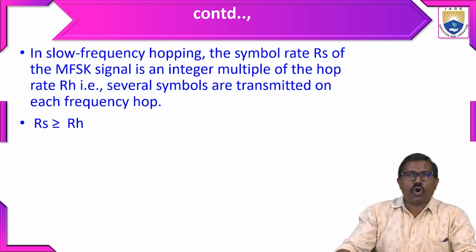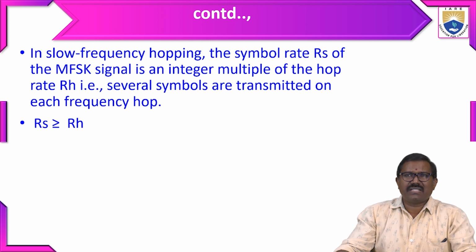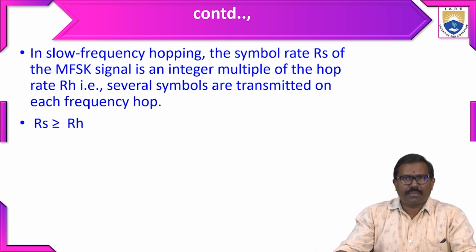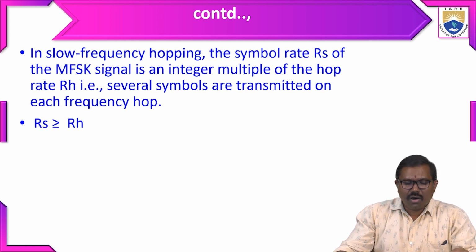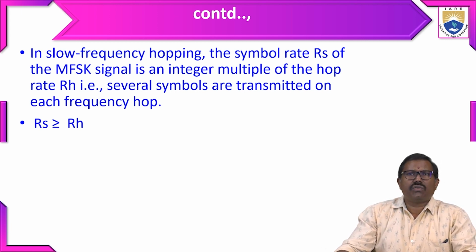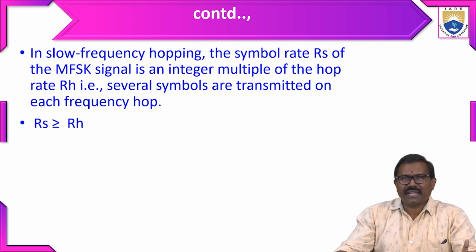In slow frequency hopping, the symbol rate RS of the MFSK signal is an integer multiple of the hop rate RH. So RS is greater than or equal to RH. That is, the symbol rate must be greater than or equal to the hop rate, so several symbols are transmitted on each frequency hop. So this is slow frequency hopping.